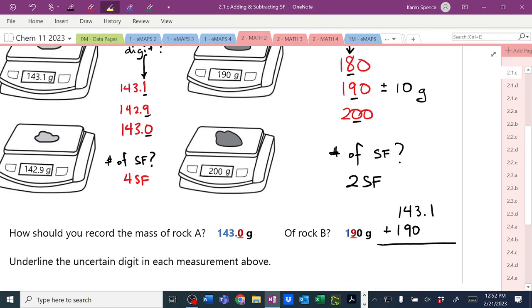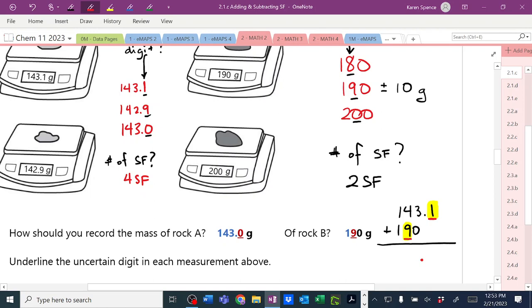This is doing it the uncertain digit method. The 1 is uncertain, and the 9 is uncertain. You'll notice I've lined up the decimal places here. The decimal's going to be there.